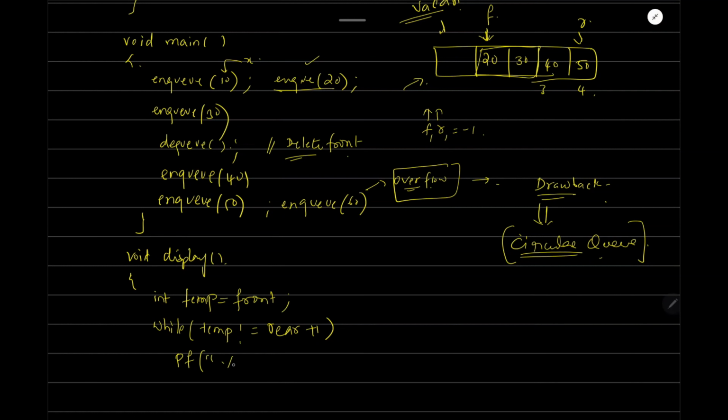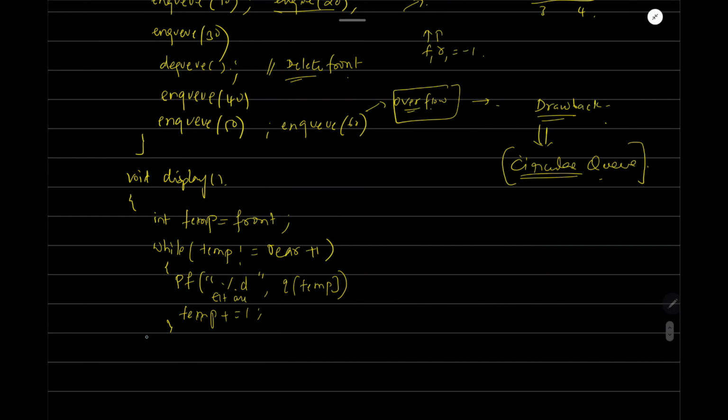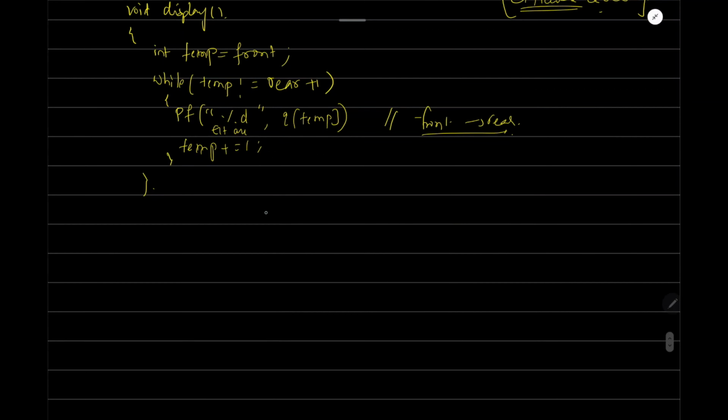So printf elements are %d comma, queue of temp, and we need to increment it, right? So temp plus equal to 1. This is in the while loop, this is the whole thing in display. So what it will be doing is that from the front to the rear, all the elements which are present will be printed.